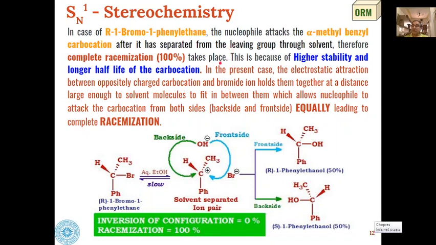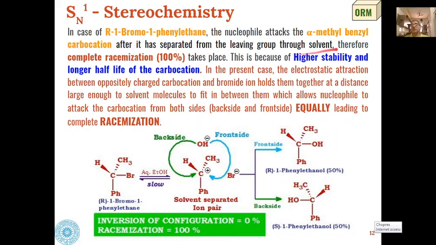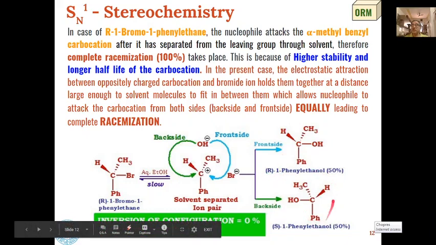And because of the stability of this cation, when this reaction was done, there was complete racemization, 100% racemization took place, because 50% of product was formed with front side attack, that is retention of configuration, and 50% of the product was formed by backside attack, and here inversion of configuration takes place.